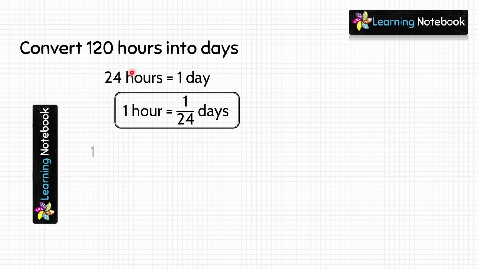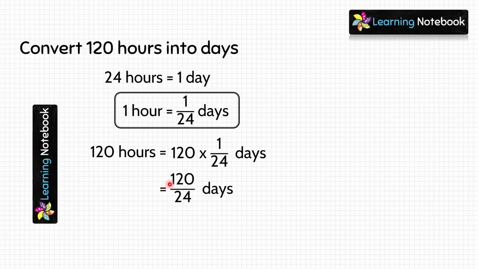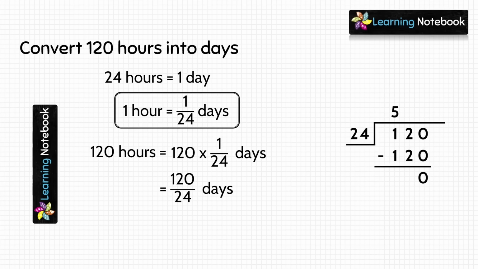120 hours would be equal to 120 multiplied by 1 by 24 days. We can also write it as 120 divided by 24 days. So let's divide 120 by 24. 24 into 5 equals 120.